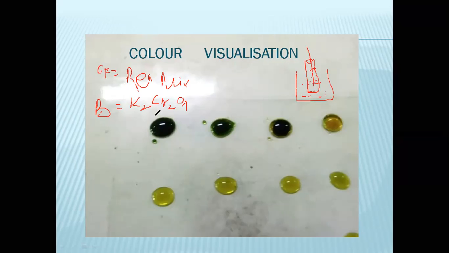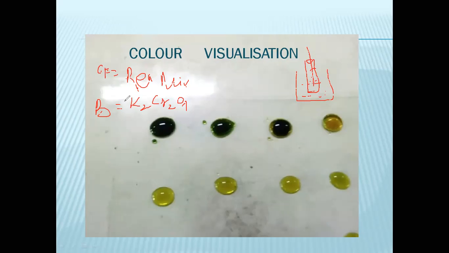In the burette you have taken K2Cr2O7 solution. Other than that, you have taken a beaker, and there you have put the distilled water, and inside the beaker you have put the test tube. There also you put distilled water, and inside the test tube you have put the glass rod, right? Now on the paraffin sheet, you put the potassium ferricyanide indicator in the form of droplets. So this is the arrangement to do this particular experiment.